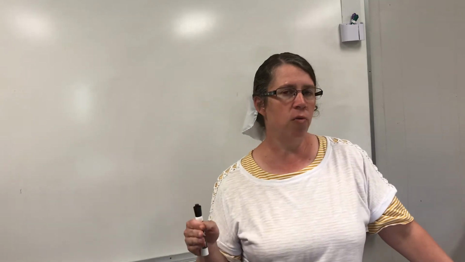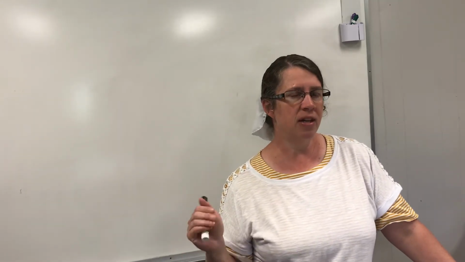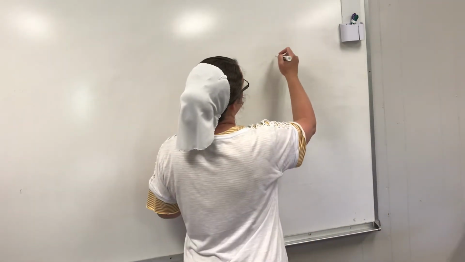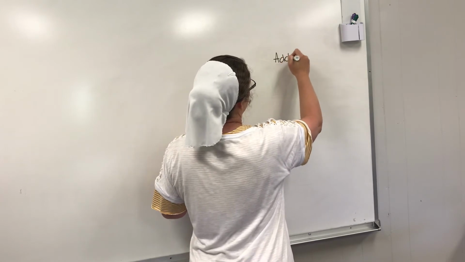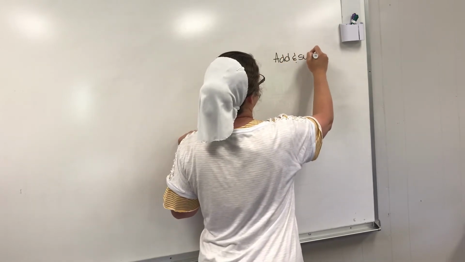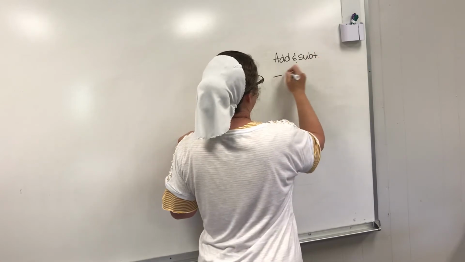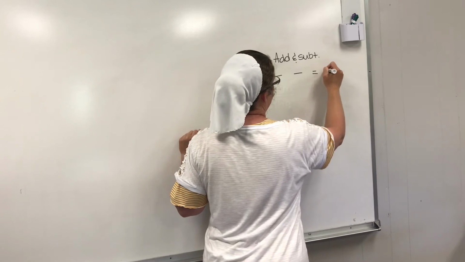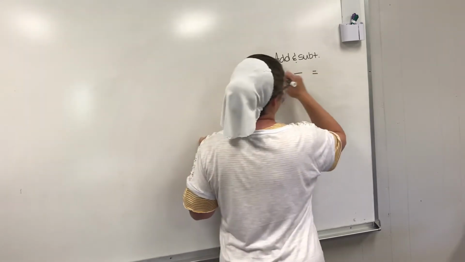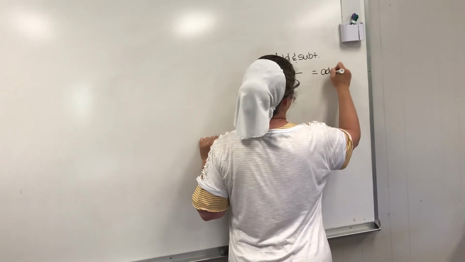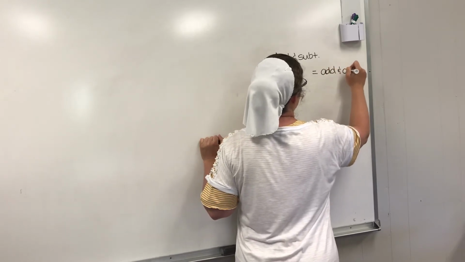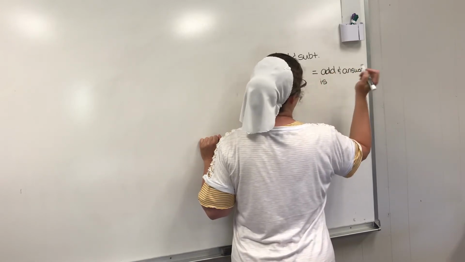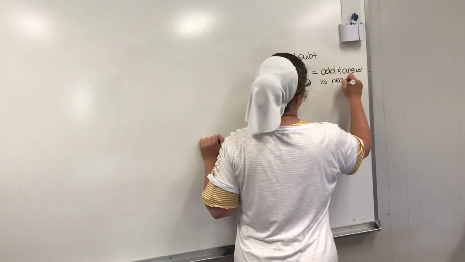A little bit of review on positives and negatives. Some of you guys are still getting those wrong. Remember, when you add and subtract, 2 negatives, you add, and the answer is negative.